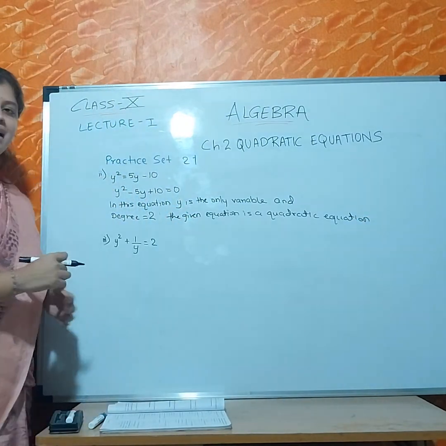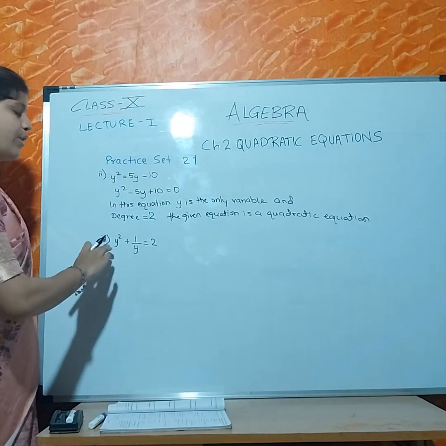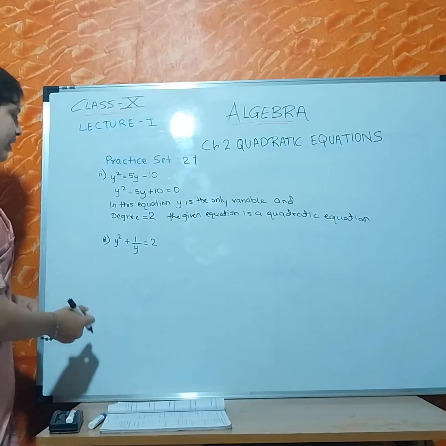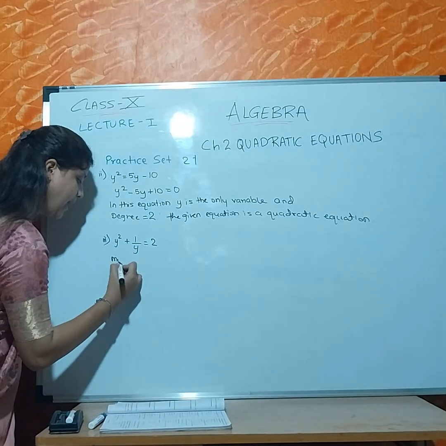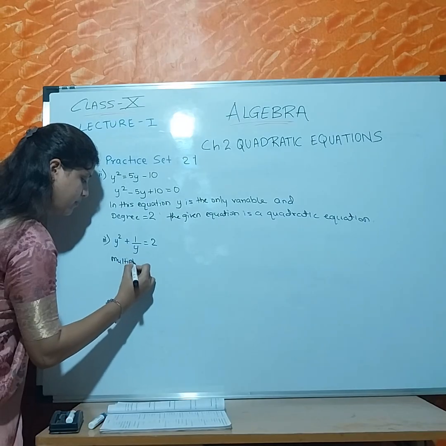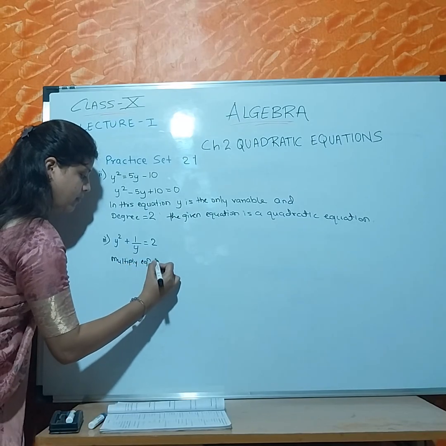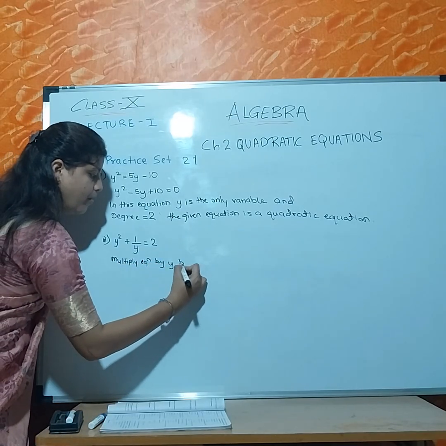Got it? Now see, next equation is y square plus 1 upon y is equal to 2. Here let us simplify this equation first. So multiply the equation by y both sides.